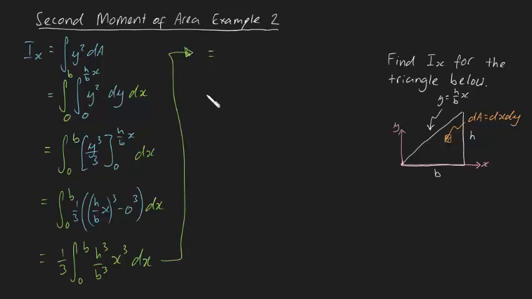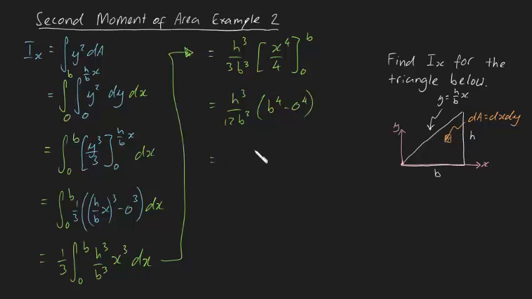Bringing this out the front, that'll be h cubed on 3b cubed times the integral of x cubed, which is x to the 4 on 4 with limits from 0 to b. We can group the 3 and the 4 in the denominator, so that'll be h cubed on 12b cubed, and then we're multiplying that by b to the 4 minus 0 to the 4.